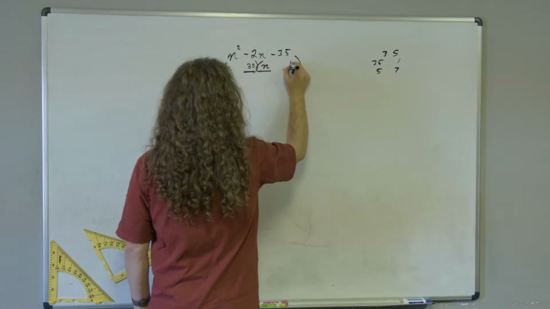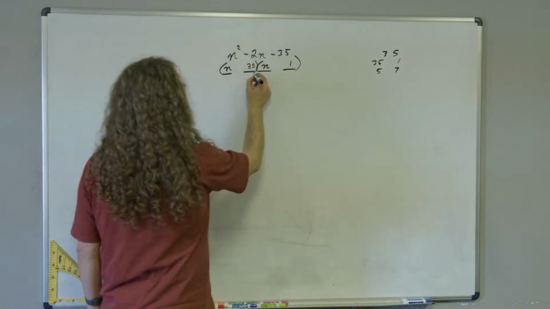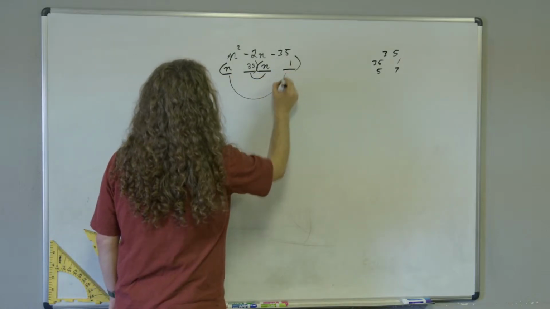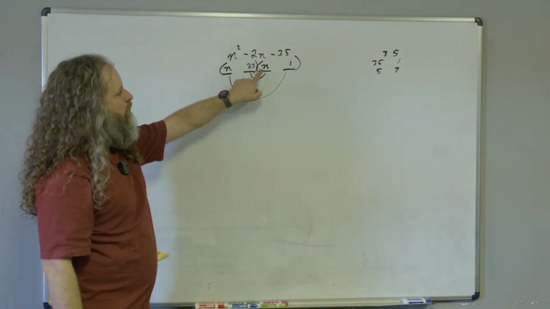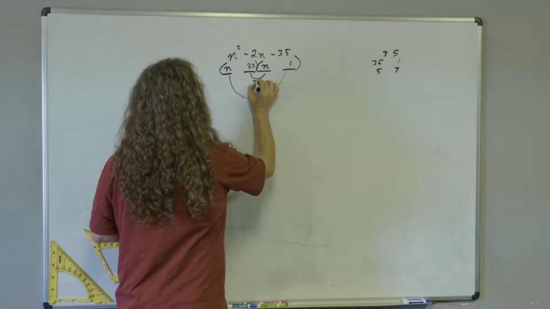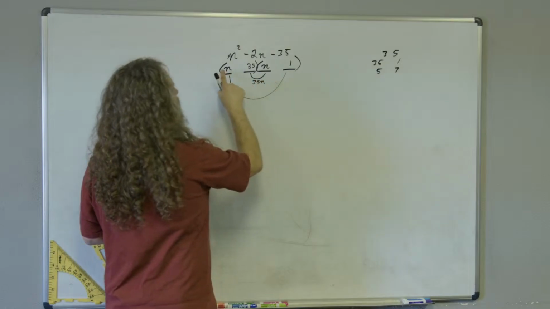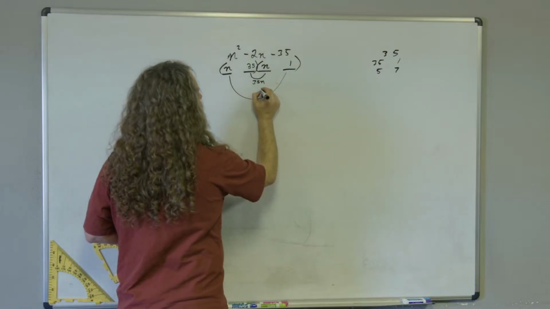Now here's the smiley face part of the smiley face method. We're going to draw his nose and his mouth. 35 times 1n is what? 35n. 1n times 1 is what? n.